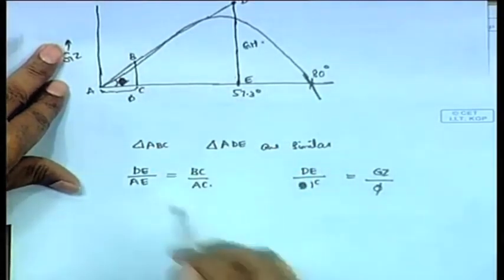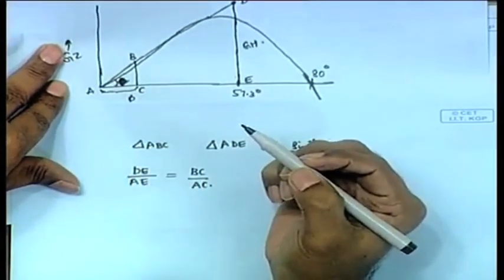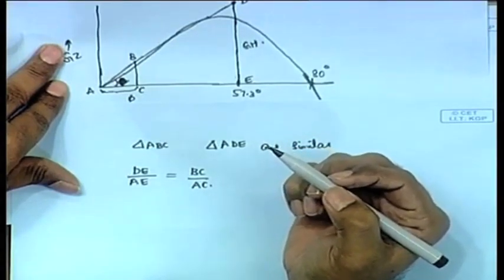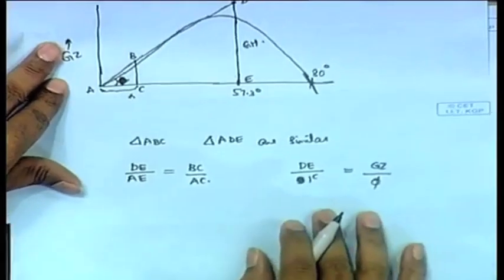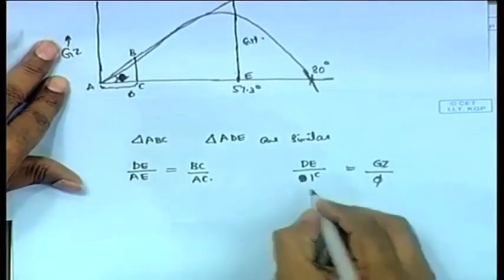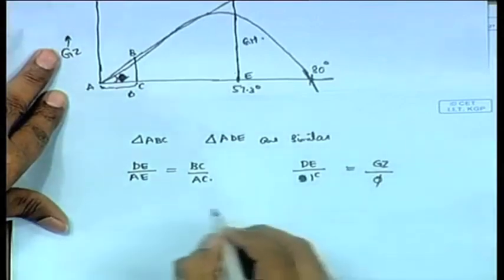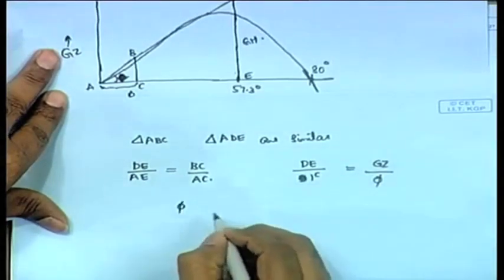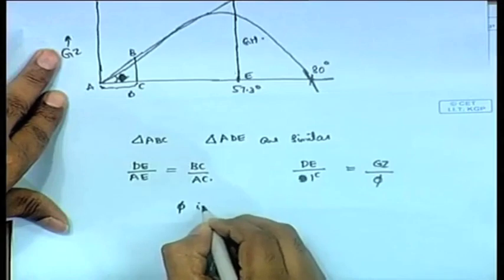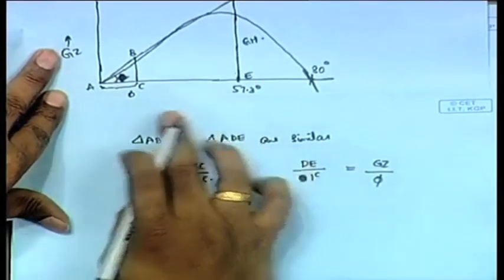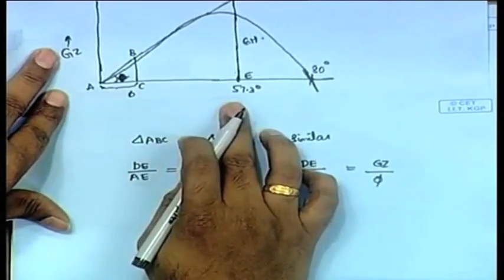If it is on the line, it will be slightly different from GZ. So this is their assumption. So this is equal to GZ by phi. In a way it's not really correct, but it says that phi is small, and then in the next step we are actually going from phi equal to 0 to in fact 57.3, we are extending it.